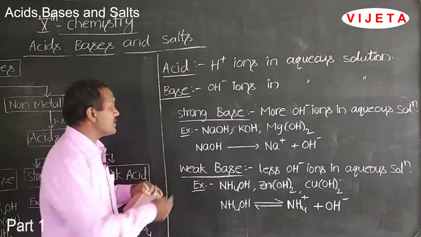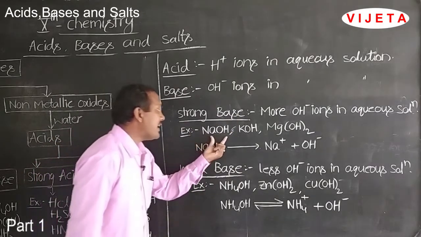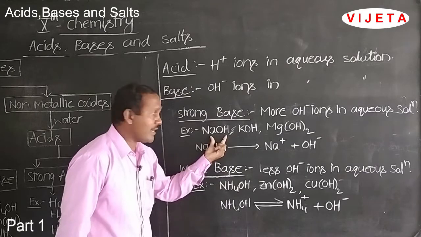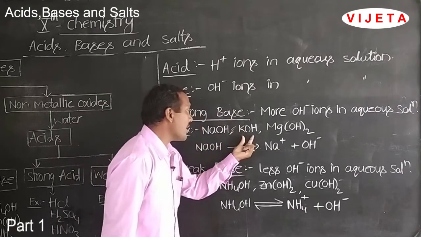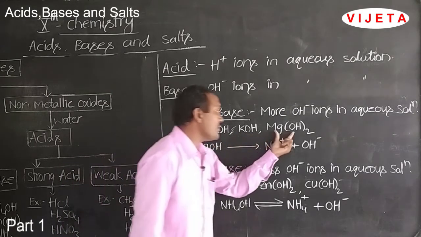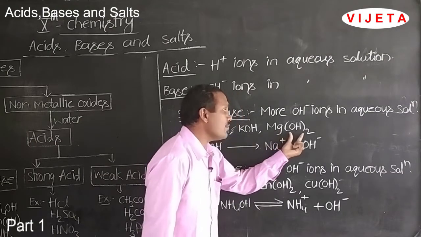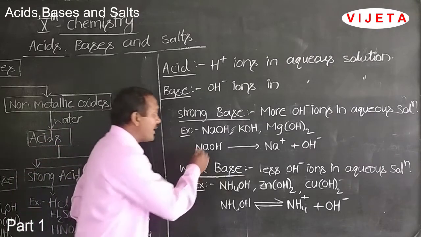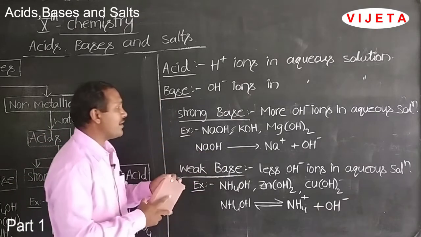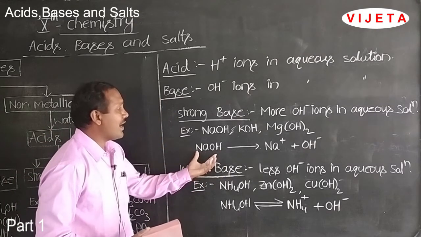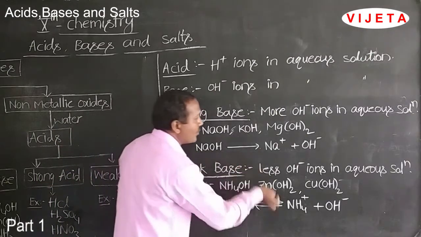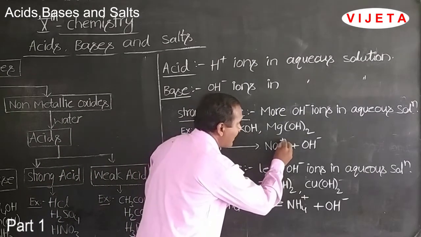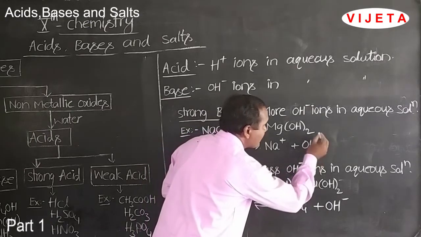Some examples of strong base are NaOH, sodium hydroxide, KOH, potassium hydroxide, and Mg(OH)2, magnesium hydroxide. Take one example, NaOH: sodium hydroxide decomposes to form Na+ ion and OH- ion.